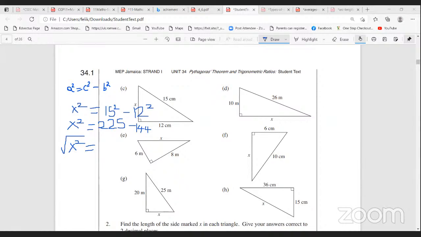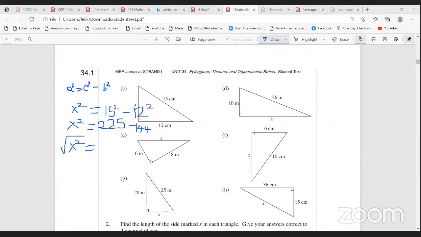Alright, next we go: 4 from 5 equals 1. 4 from 12 equals 8, and then so the answer is 81.